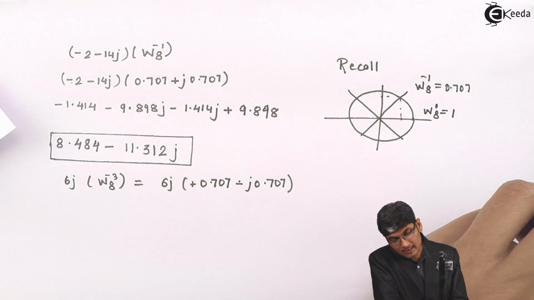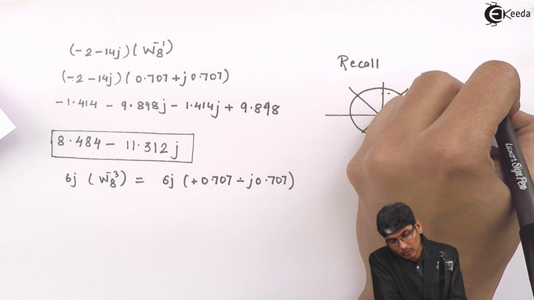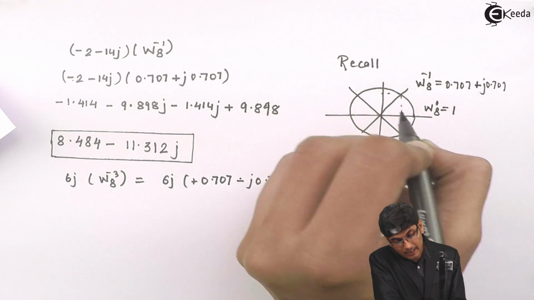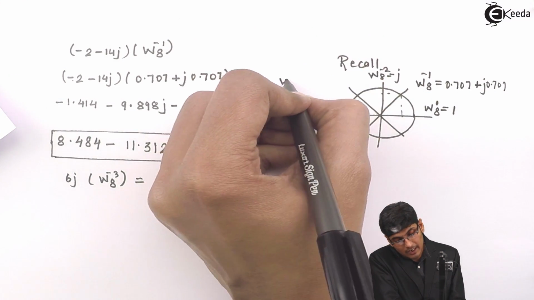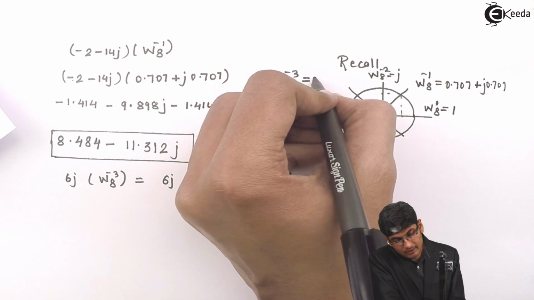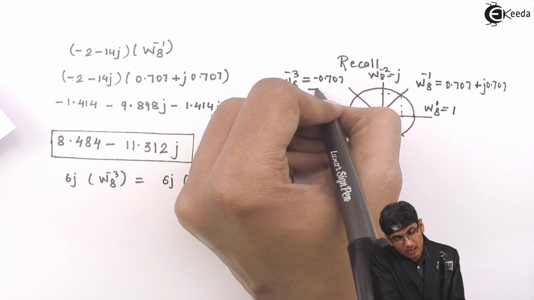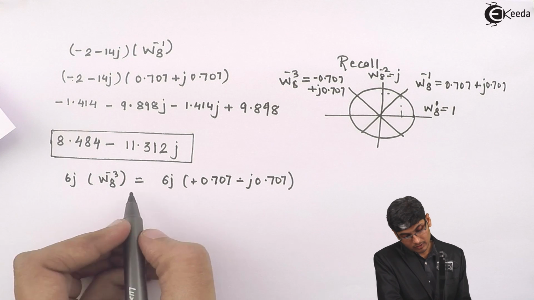W8 raised to minus 2 will give me plus J, and W8 raised to minus 3 will give me negative X, so minus 0.707 plus J 0.707. Okay, so this is the value.